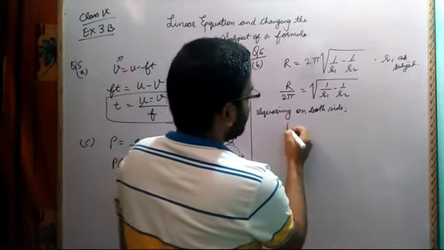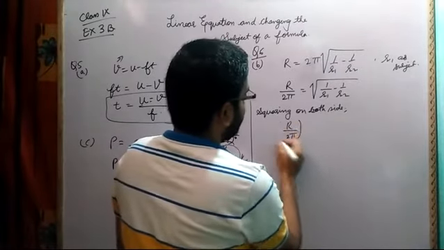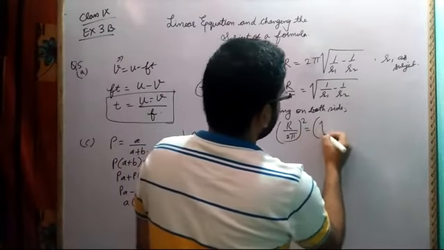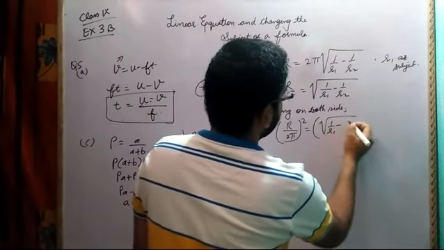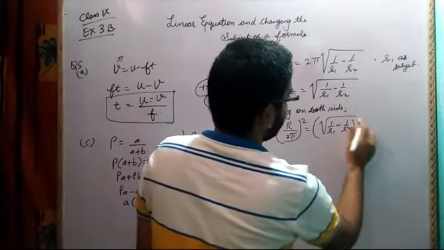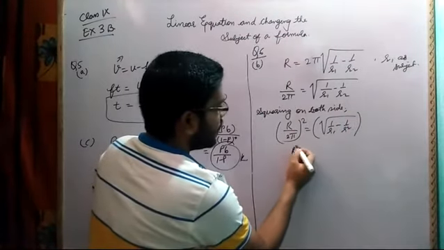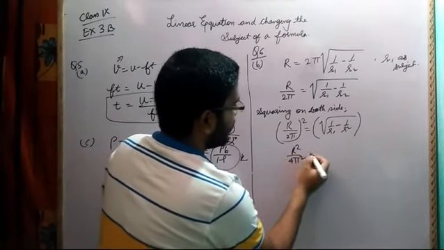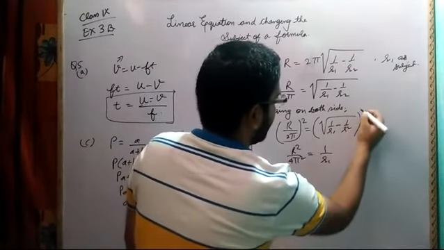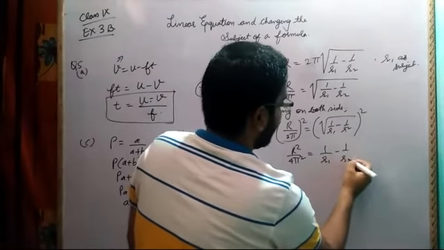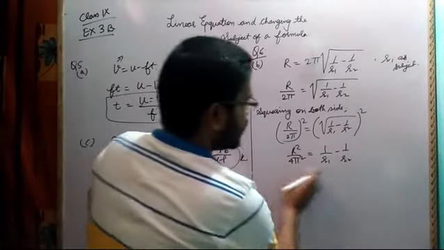So in this way, R by 2 pi whole square is equal to 1 by R1 minus 1 by R2. Now this will be equal to R square upon 4 pi square is equal to 1 by R1 minus 1 by R2. Now you see, 1 by R2 I can bring to this side.